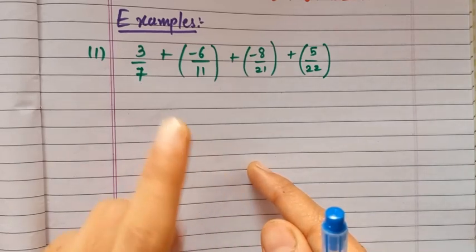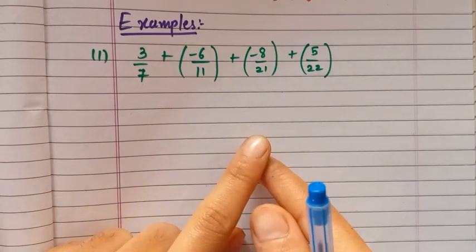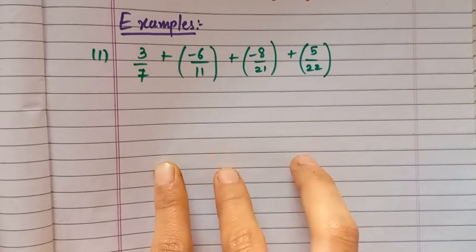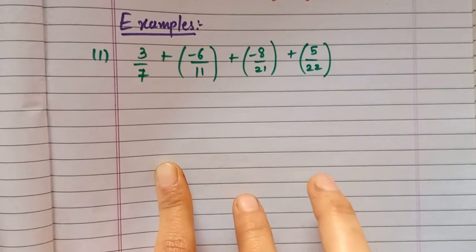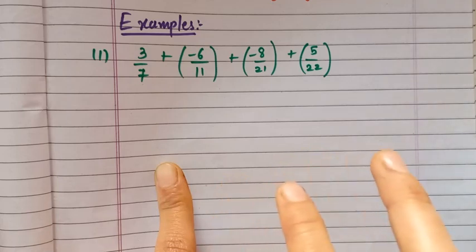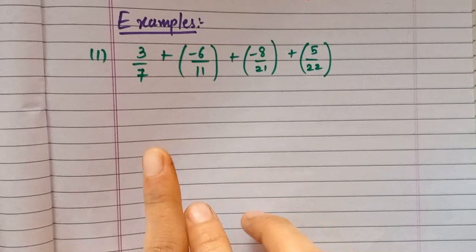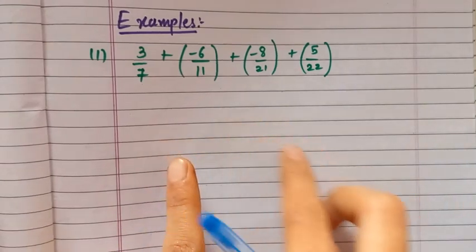Now if we have two negative numbers and we multiply, then our answer will be positive. In multiplication, the multiplication of two negative numbers, any type of number, is positive. Multiplication of one positive and one negative number is always negative. So this is for multiplication.